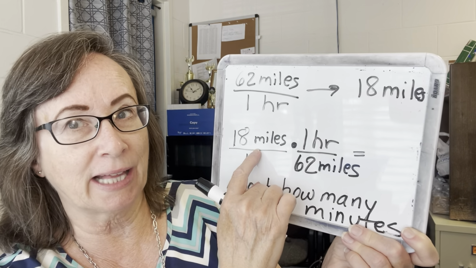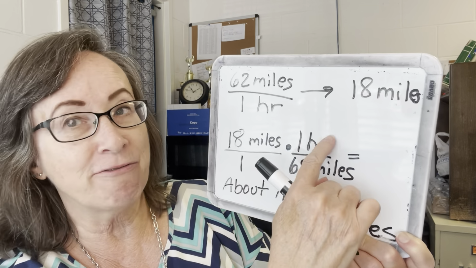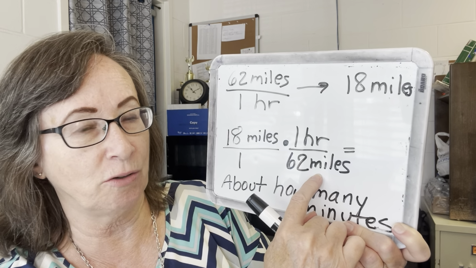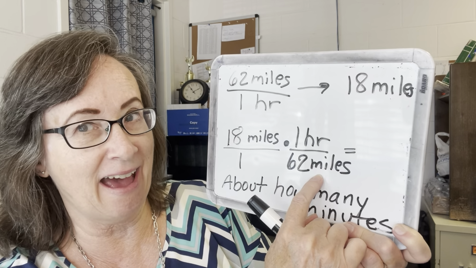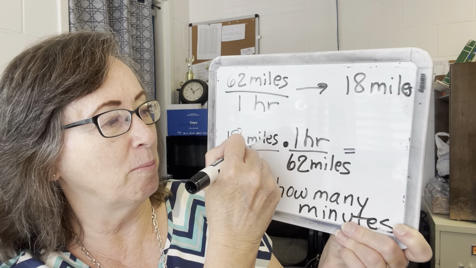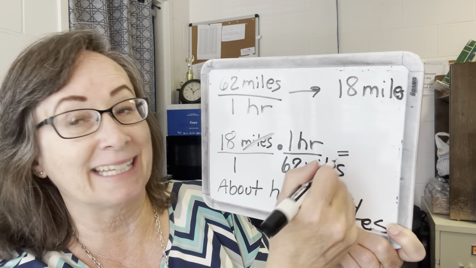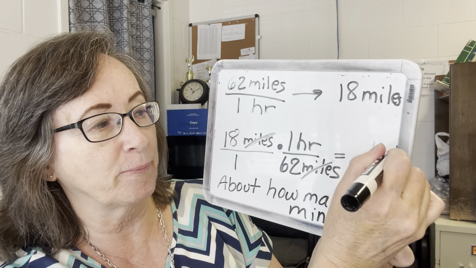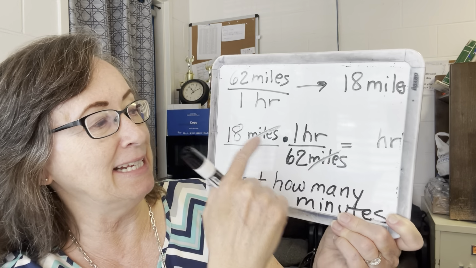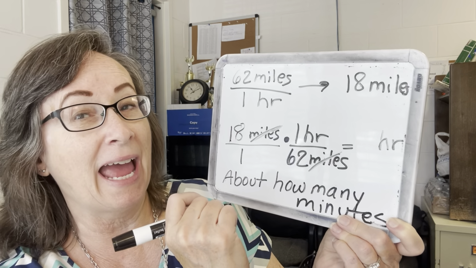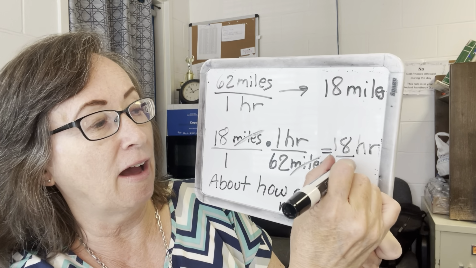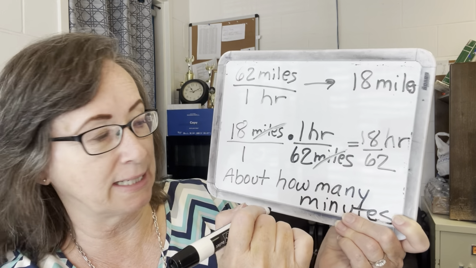So 62 miles per hour, 18 miles. I'm going to travel 18 miles. Every hour that I travel is going to take me 62 miles. Notice how I used miles and miles to cancel, leaving me with hours. Okay, so I have 18 over 62 hours is the fraction of the hour we're going to take.